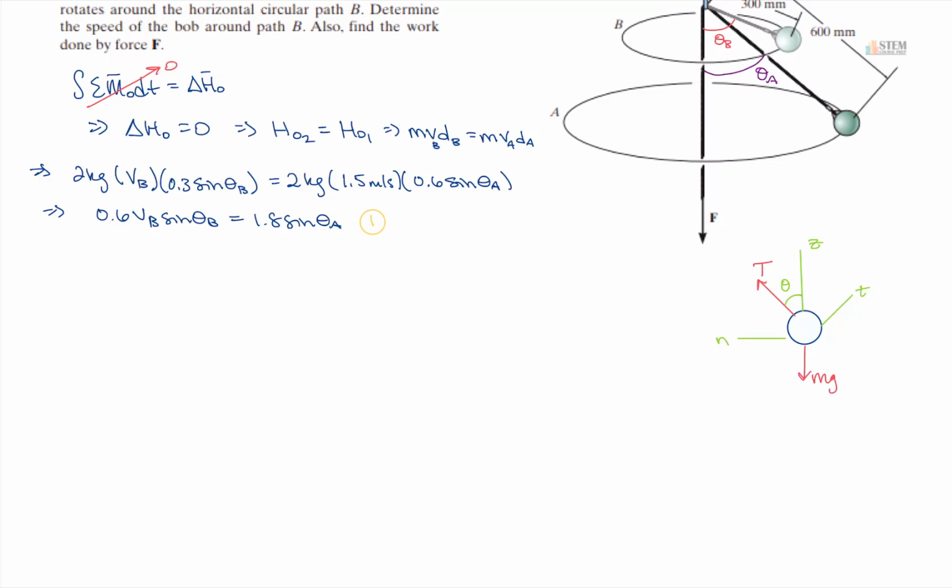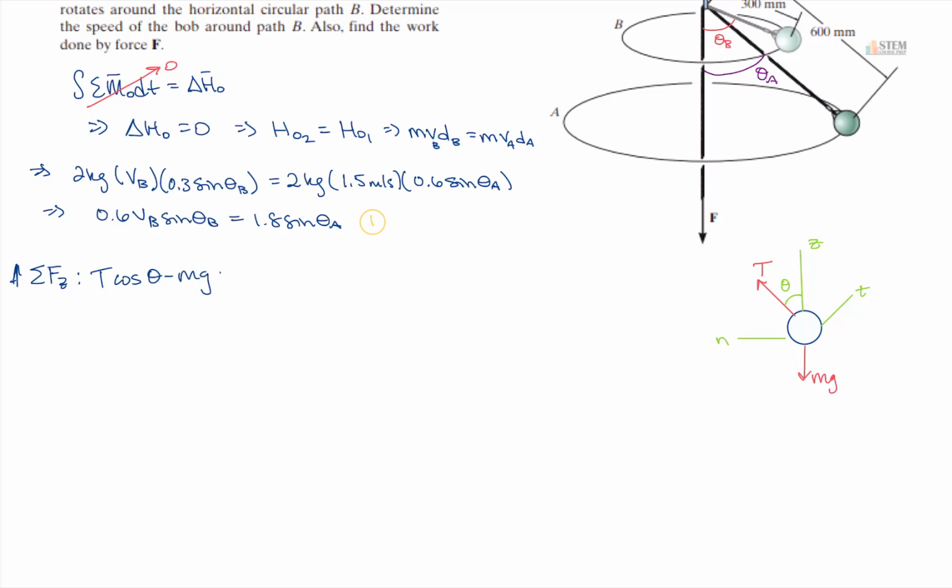Let's go ahead and start with the z direction here. All right, so we're going to say up is positive. We're looking in that z direction. That means we're going to have a component of tension going up. So that'll be t cosine theta, and then we're going to have minus mg. All right, so t cosine theta minus mg.